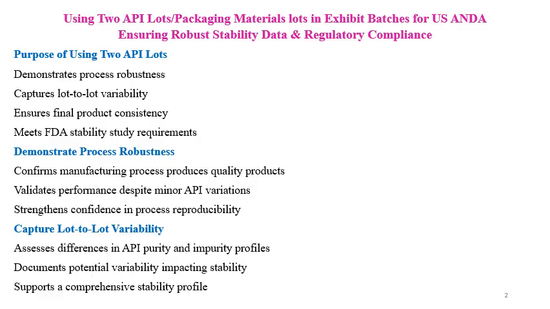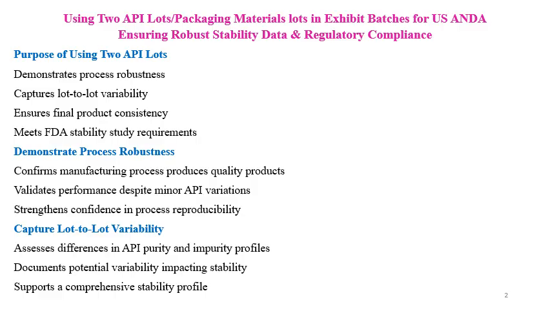It captures lot to lot variability and assesses differences between the API purity and the impurity profiles. Because different lots will have differences in the impurity levels, differences in the total impurity levels, differences in the particle sizes, bulk density, and some other parameters.